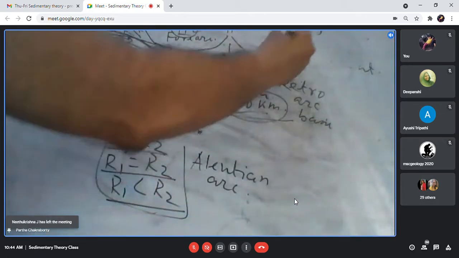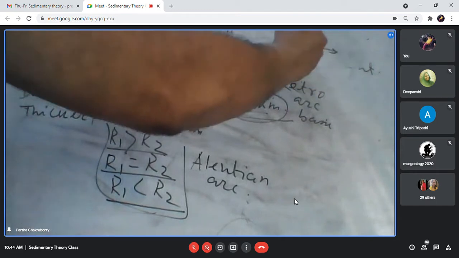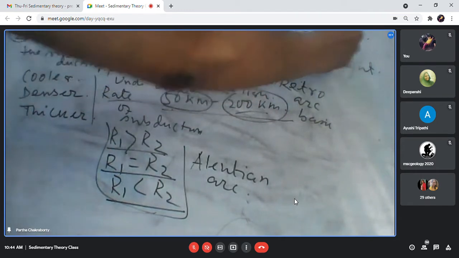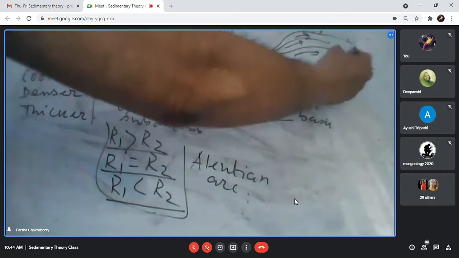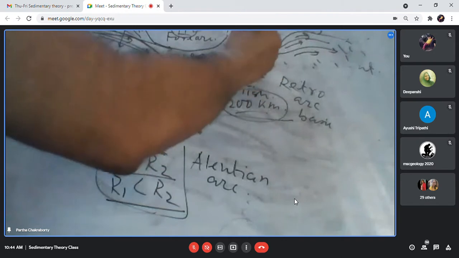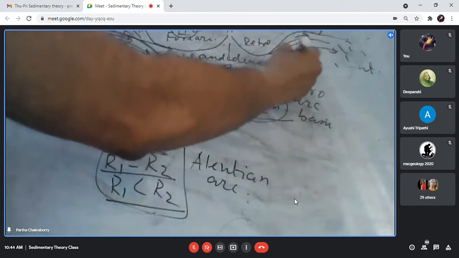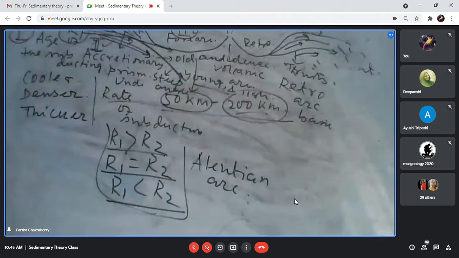Instead, what we get is the presence of a retro arc basin, with the presence of thrusts on the continental plate.